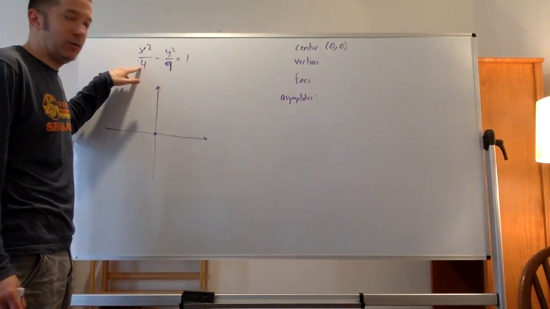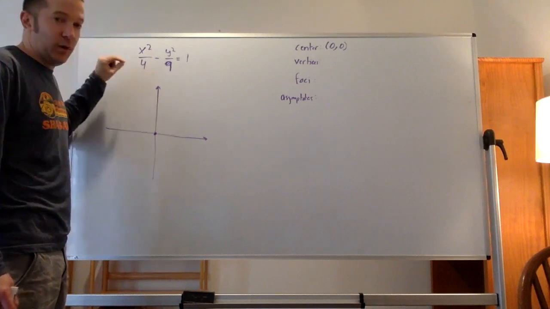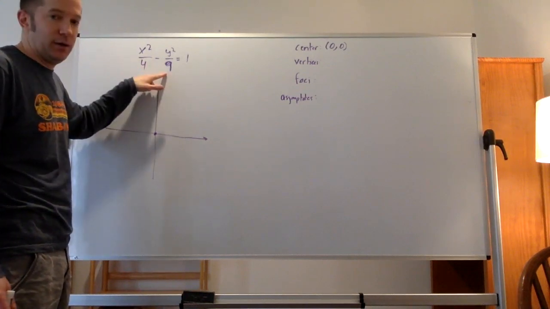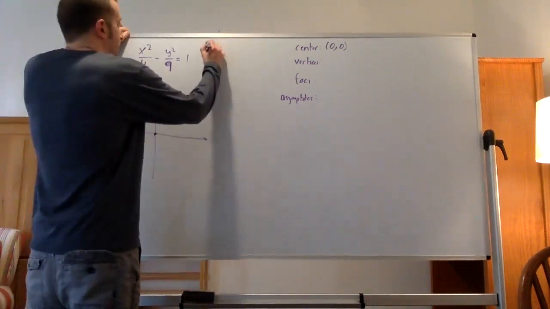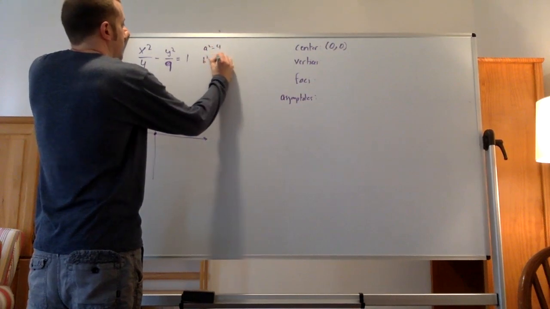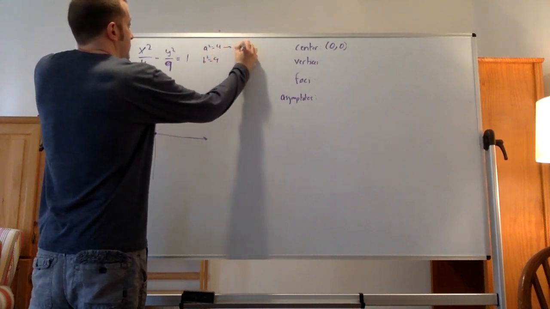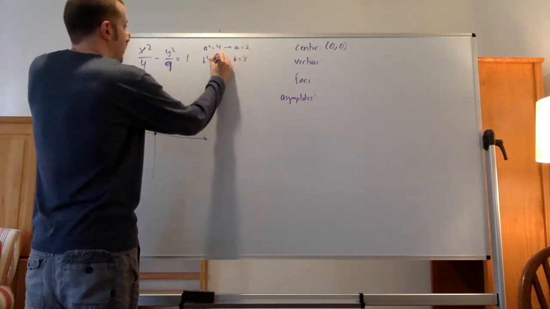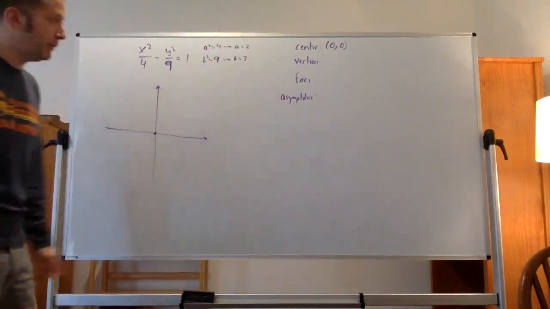In this case, that's 4. B squared is the denominator of the negative term, and that's 9. So I can say A squared is 4, B squared is 9. This means that A is 2, and that B is 3, because that's how math works.